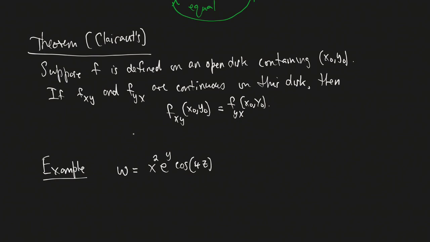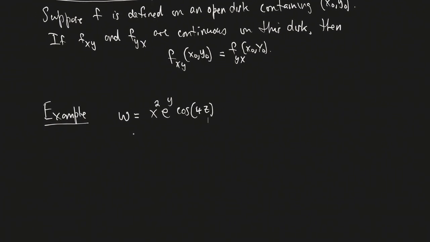Let's go ahead and compute just a few third partial derivatives. I'm just going to focus on the mixed ones. Let me write down the ones that I will compute.